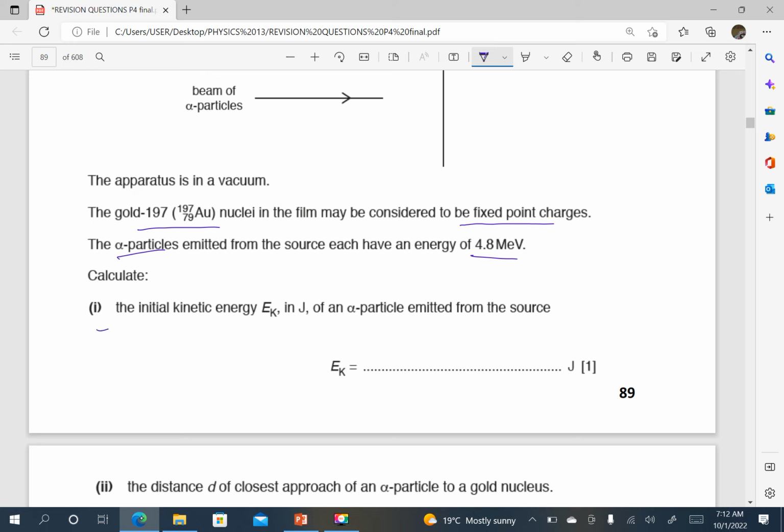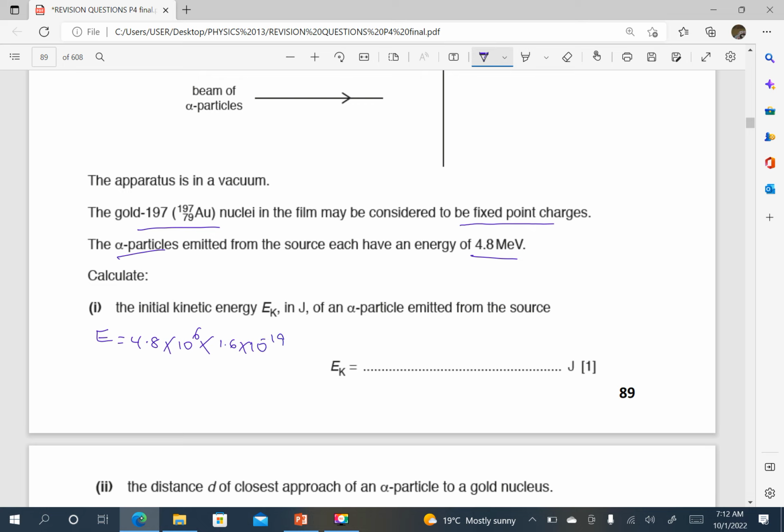So we first convert this. 4.8 mega is times 10 power 6, and 1 electron volt is 1.6 times 10 power negative 19. So this will be times 1.6 times 10 power negative 19.